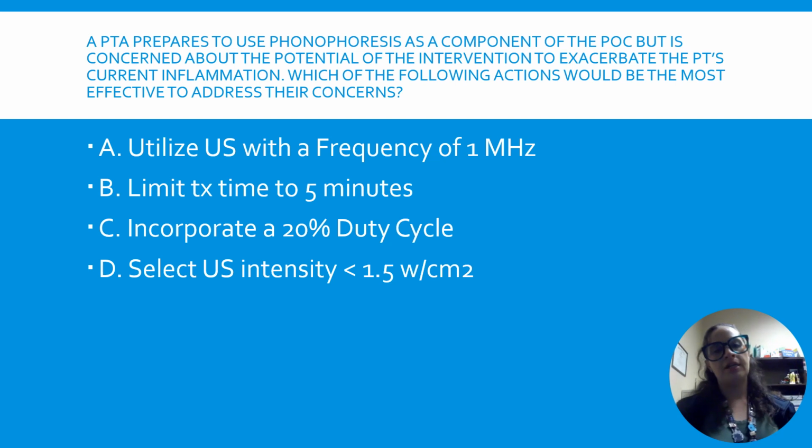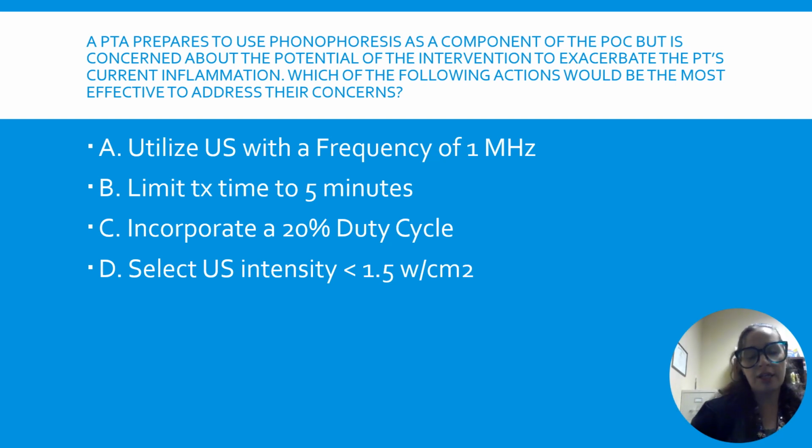A and B. A says utilize ultrasound with a frequency of 1 megahertz. Well, 1 megahertz affects the depth. We don't have any information about what they're trying to reach, and that has nothing to do with inflammation. If I go deeper or not as deep, that's about what structure I'm trying to reach.